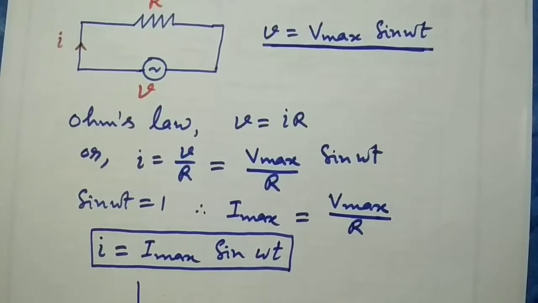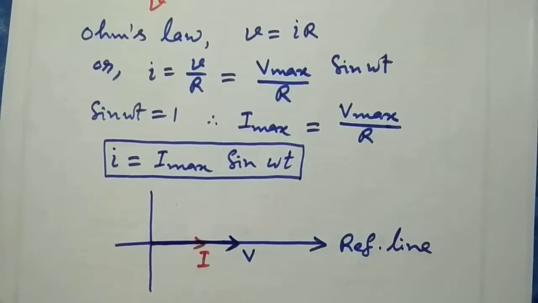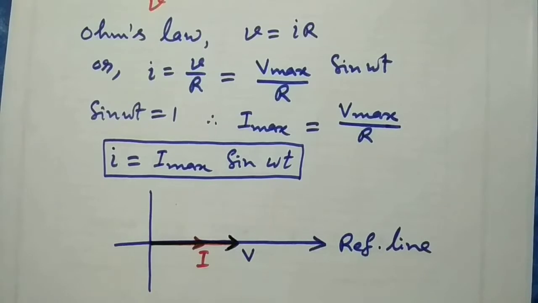So it will be I. So we can conclude that for a purely resistive circuit, in the phasor diagram, this is the phasor of the voltage because V equal to V max sin omega t, and this is the phasor of the current because I equal to I max sin omega t. Therefore, for a purely resistive circuit, the voltage and current will be in phase. That means the phase difference between voltage and current will be equal to 0.